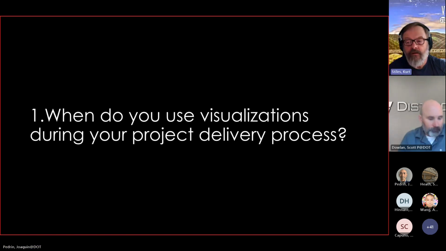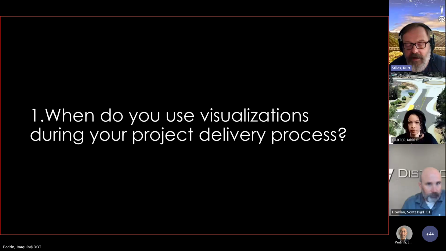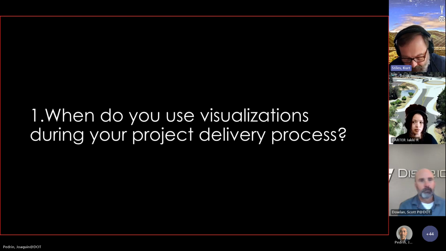Well, I would say that project delivery starts with planning. Planning needs to have a little bit of engineering capability in it, and a lot of our planners out here have an engineering background at WashDOT.